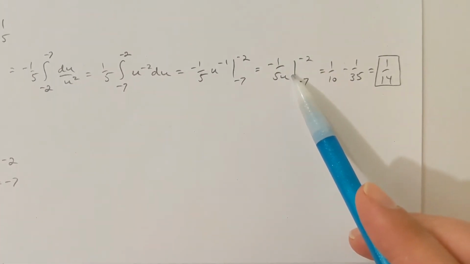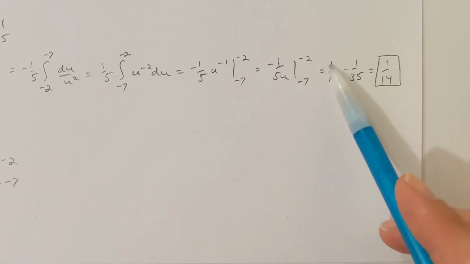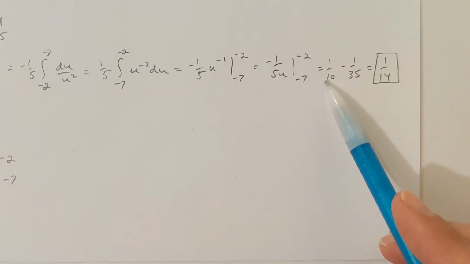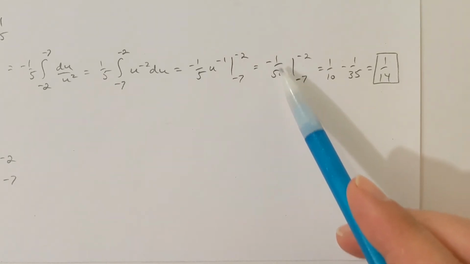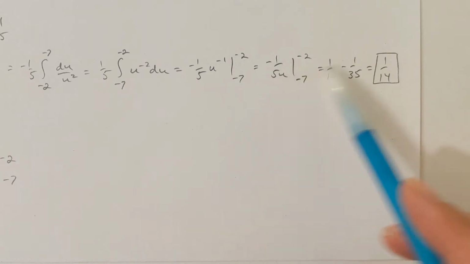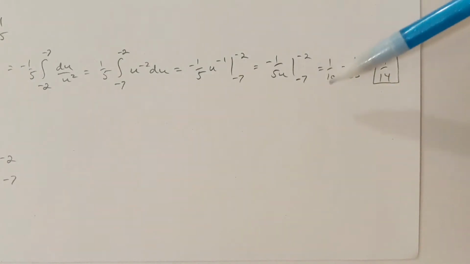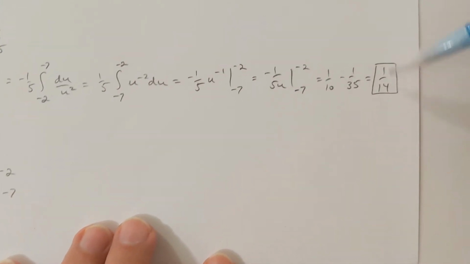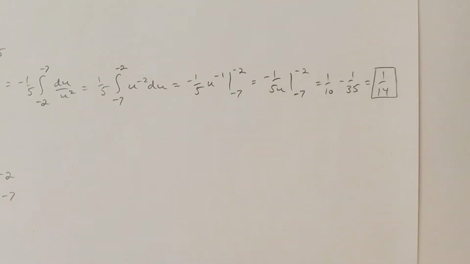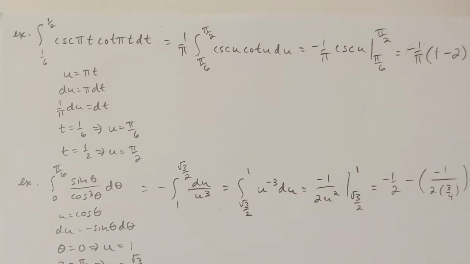Plug in the bounds, and you'll have 1/10 minus negative 1 over 35. Okay, so 1/10 minus 1 over 35, you should be getting 1 over 14 when you simplify that. Okay, and should go without saying by now, but you know, exact answers, of course. Okay, here's another one.